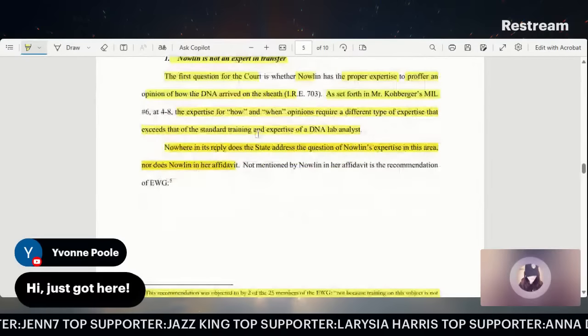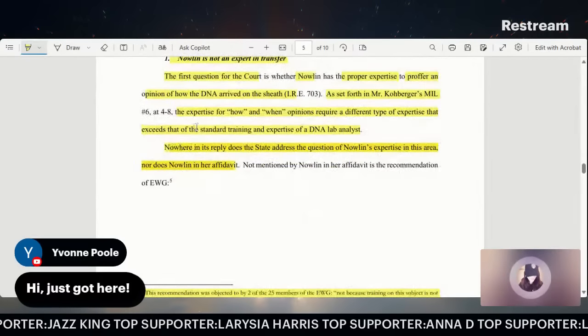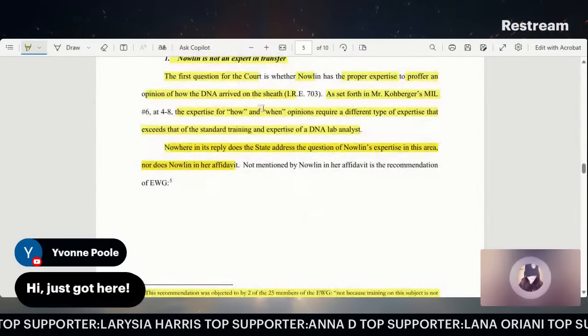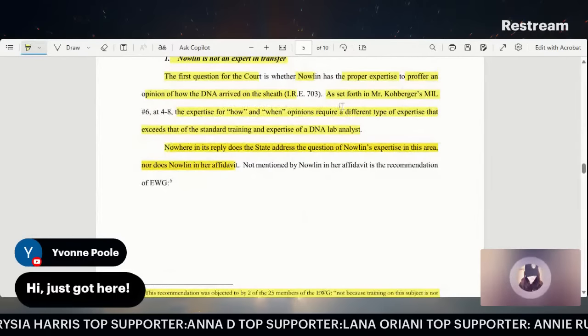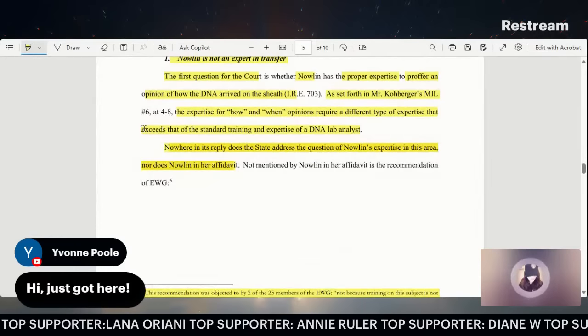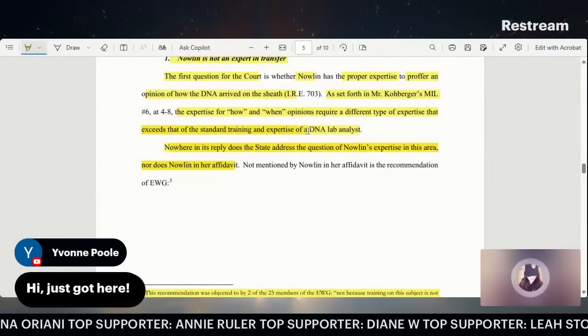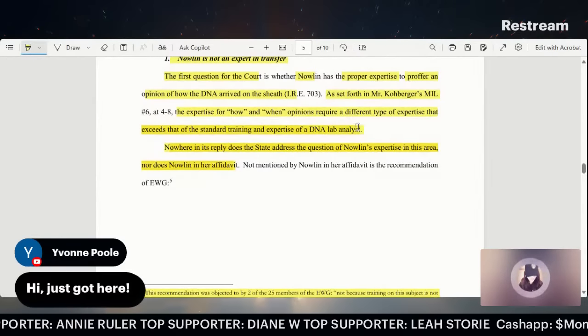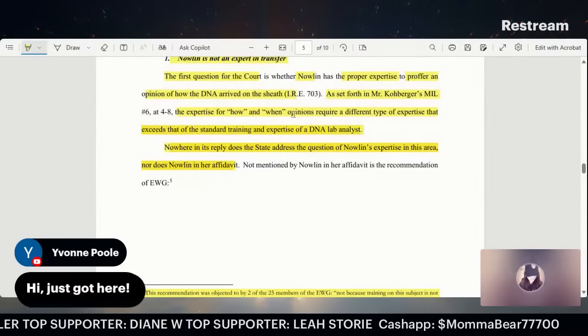As set forth in Mr. Kohberger's motion in Limine number 6, the how and when opinions require a different type of expertise that exceeds that of a DNA lab analyst.